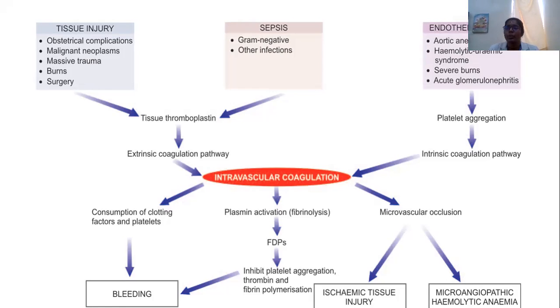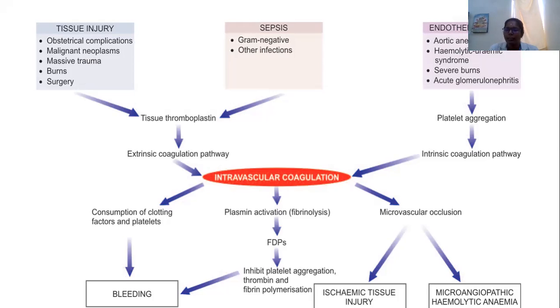Following the endothelial injuries, there may be platelet adhesion and aggregation, which will activate the intrinsic pathway. So both intrinsic and extrinsic pathways get activated, and coagulation factors are activated. This is the first stage. Next is the thrombotic phase, with formation of intravascular clots. Once clots form in the microcirculation, they consume all the coagulation factors and platelets.